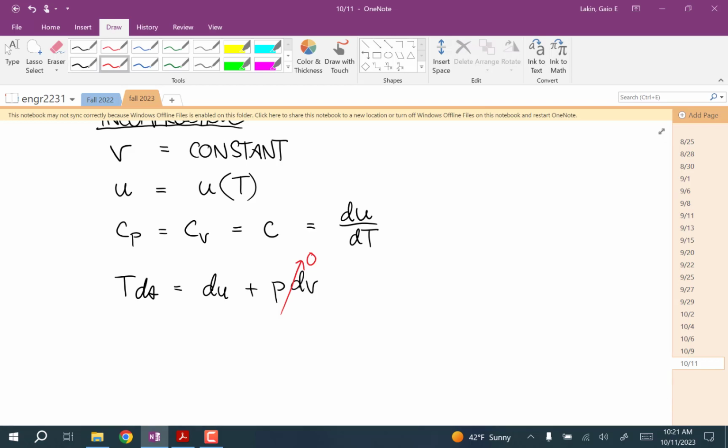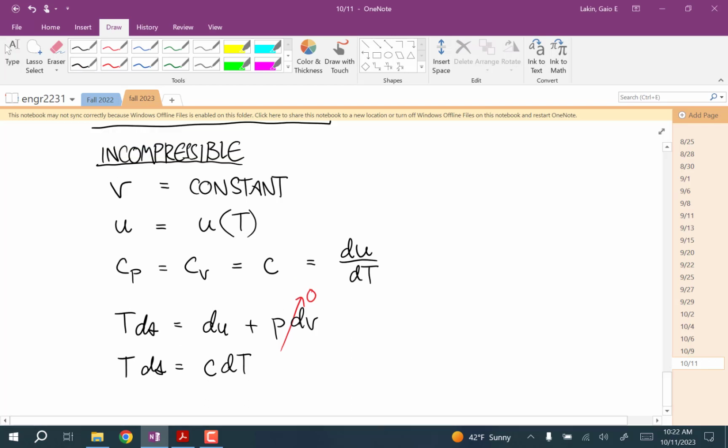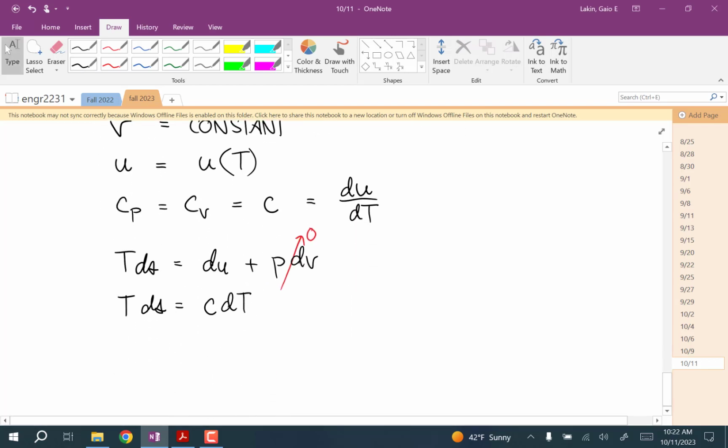And we know that we can replace du with C dT. That comes from this. This equation can be rewritten as du is equal to C dT.